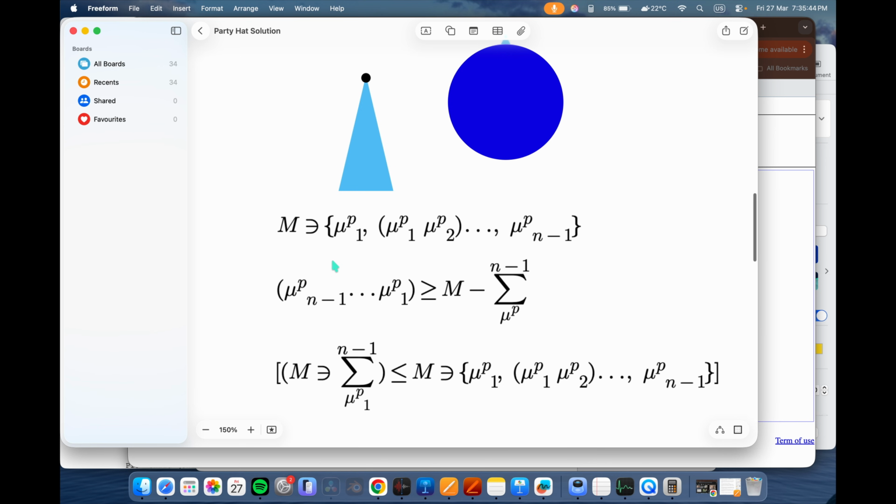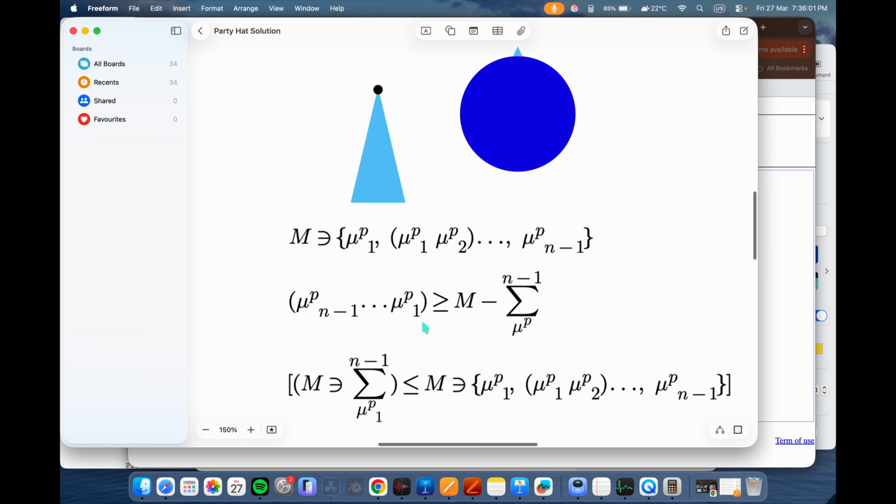So now since this is finite, I have not put infinity yet. I put n. So point n-1 all the way until point 1.